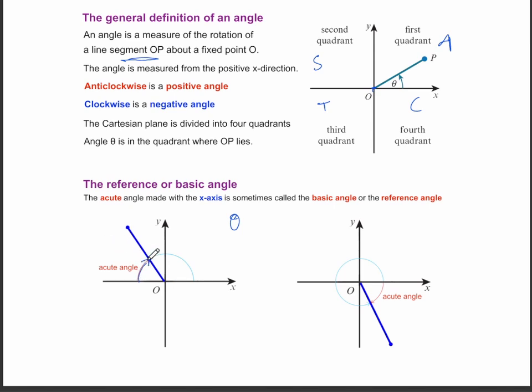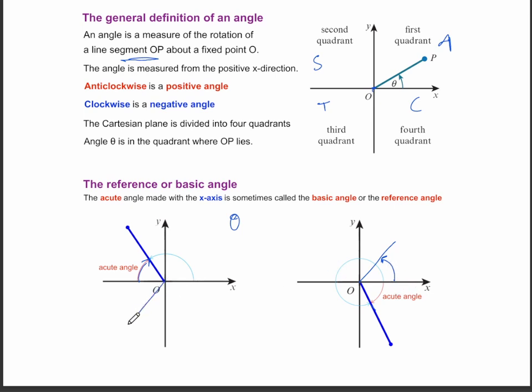And we're going to have it as a negative angle because we're going clockwise. If it's right here in the fourth quadrant, again, negative angle because it's going clockwise. If it's in the third quadrant or first quadrant, again, the angle is going to be this right here, the acute angle, which is going to be a positive angle in this case because it's anti-clockwise.